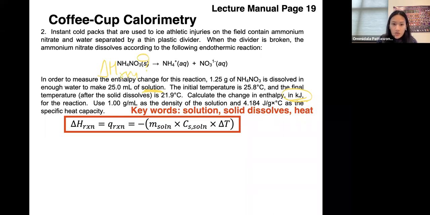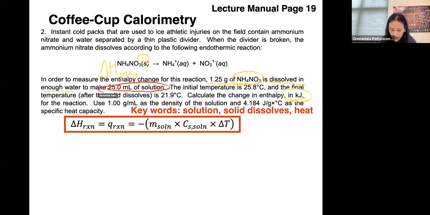Again, do we know the mass of the solution? Well, let's read it. We know that 1.25 grams of NH4NO3, ammonium nitrate, is dissolved in enough water to make 250 milliliters of solution. Oh, hey, actually we know the volume of the solution, because this is the volume of the solution.